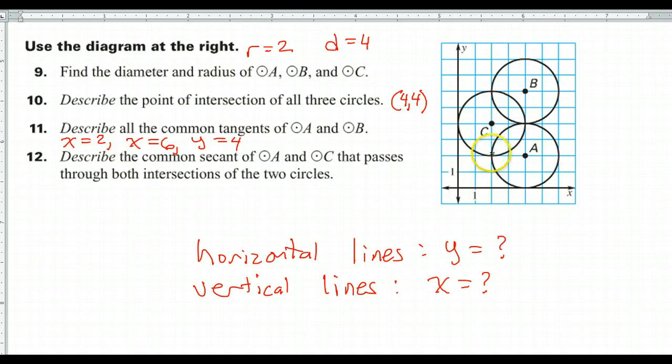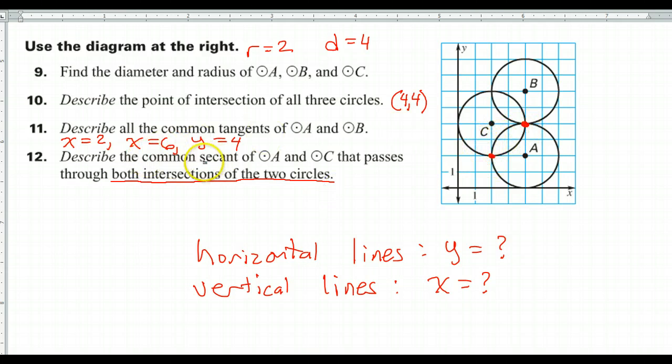Where do they meet? Well, I'm hoping you can see that circle A and circle C touch right here, but they also touch right here. So, it mentions both intersections of the 2 circles. So here are the 2 intersections of the 2 circles.